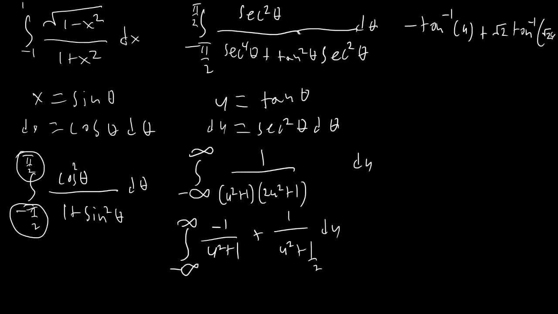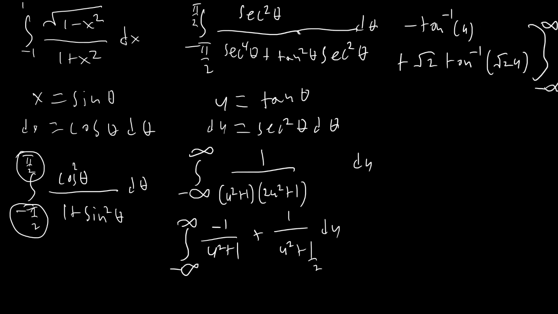I don't really have space for that, so I'll just write it on the next line. Evaluated at infinity and negative infinity. And for both of these inverse tangent terms, evaluating at infinity and negative infinity is going to be pi over 2 and then negative pi over 2, so overall both of these are going to be pi. So we're going to end up with our answer, which is pi times square root of 2 minus 1.